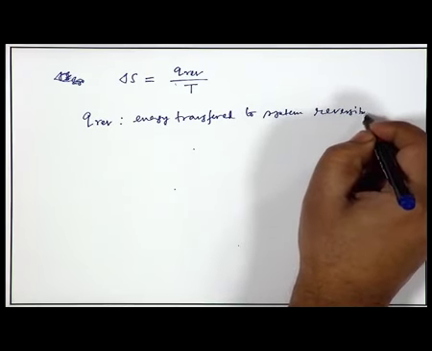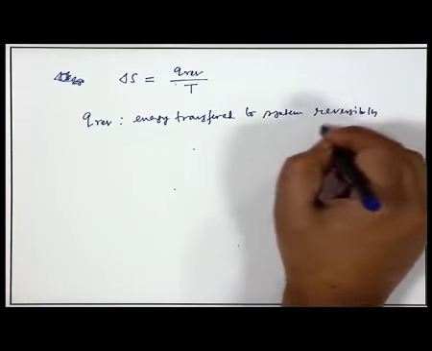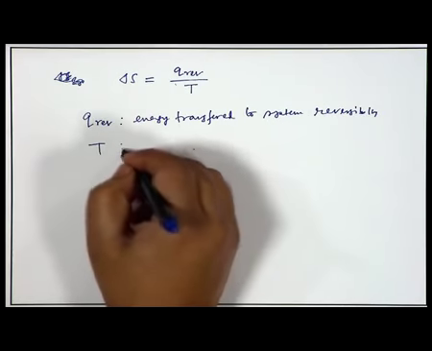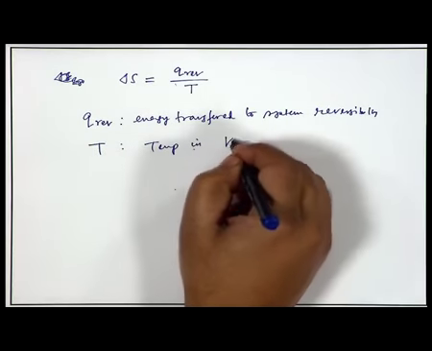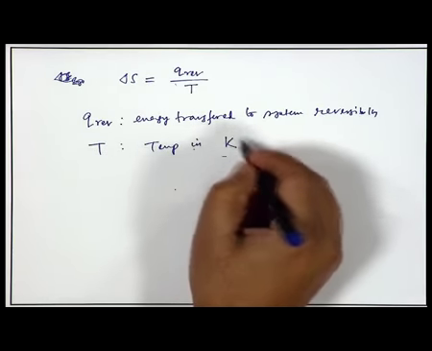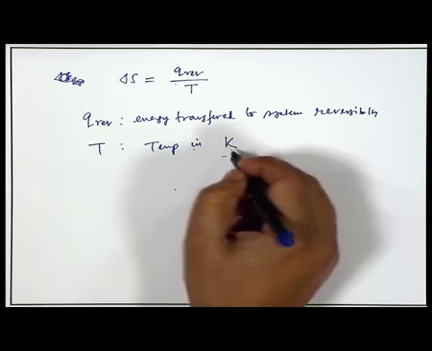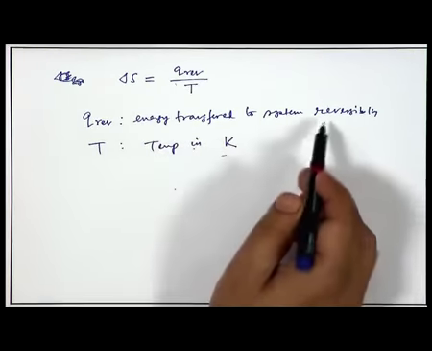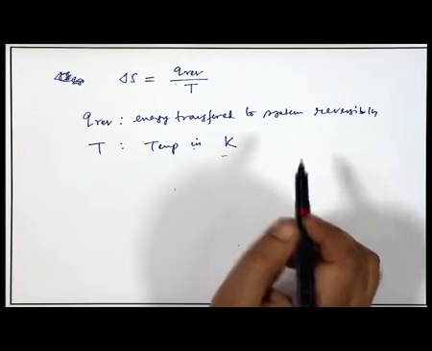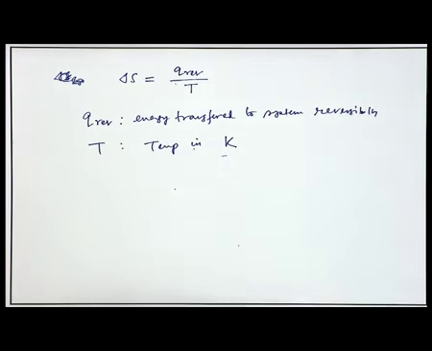Please keep this in mind, reversibly, this is important, and T is temperature in Kelvin. Please also keep this in mind, this is not centigrade or Fahrenheit, it is always in Kelvin. So, Q reversible is the energy transferred to the system reversibly, and T is the temperature in Kelvin.